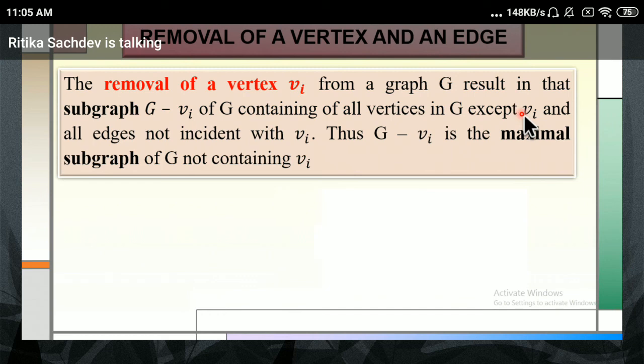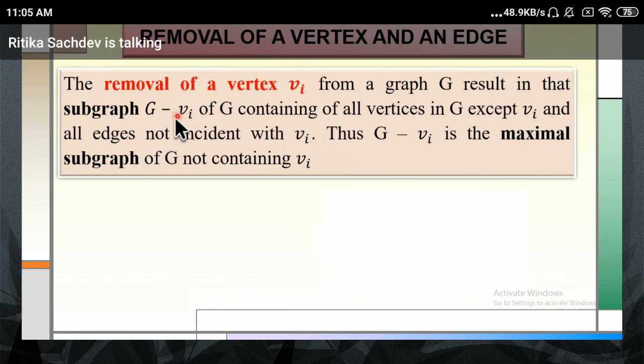So if you have V1 to V5 vertices and you don't want V1 in that graph, you're removing V1. If you're removing V1, what extra things are you going to remove? You're also going to remove all the edges which are incident with Vi.